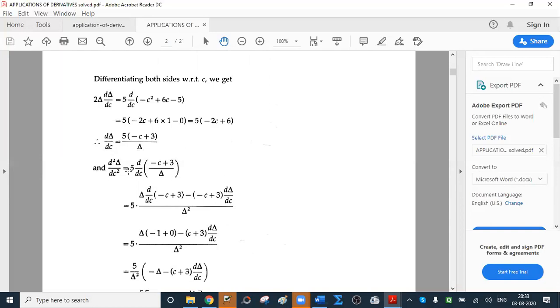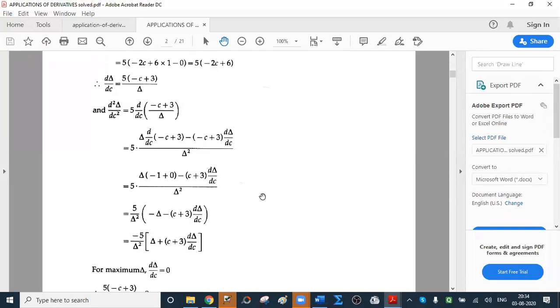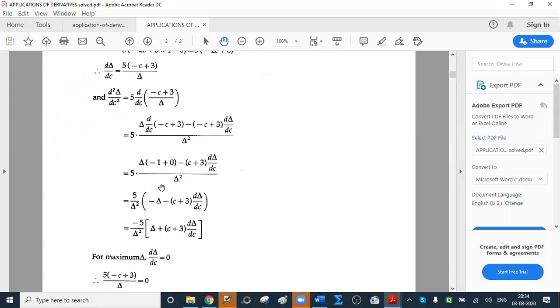Now again differentiate, because we need the second derivative. So quotient rule: denominator into derivative of numerator minus numerator into derivative of denominator upon denominator square. Okay, so this is simplified. You can see this after the lecture. So d2 delta by dc square comes out to be this.